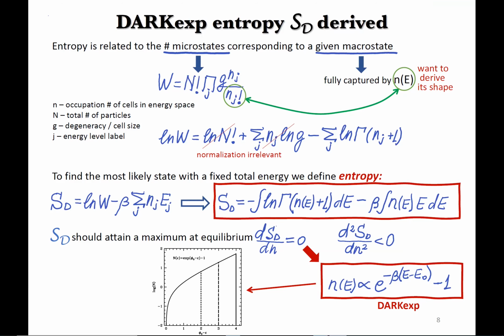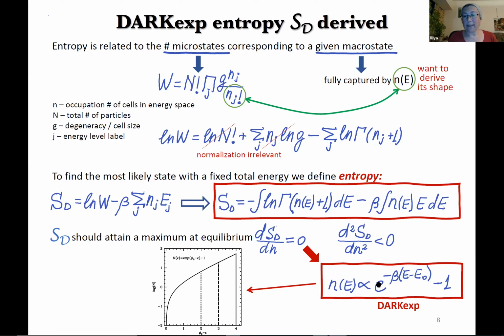Now, if it is a valid definition of entropy, then if you maximize it, it should describe the final state of equilibrium systems. And in fact, if you do the standard algebra and differentiate with respect to n and set it to 0, which gives you an extremum, you get this equation. And this is N of phi that we sought.